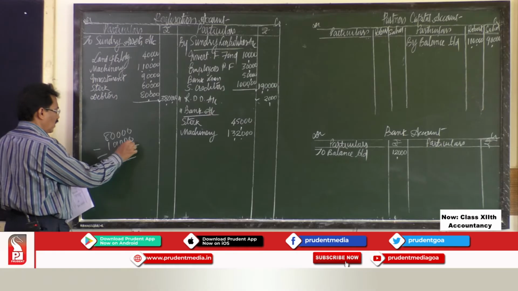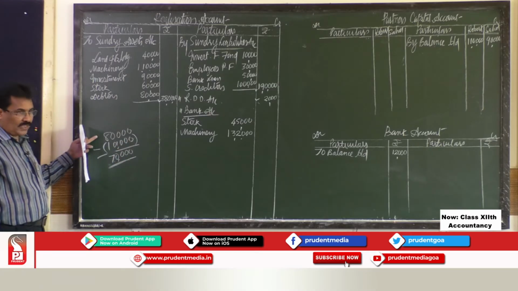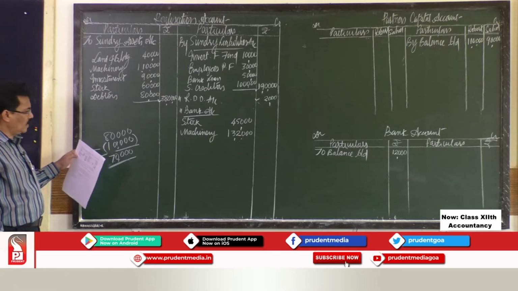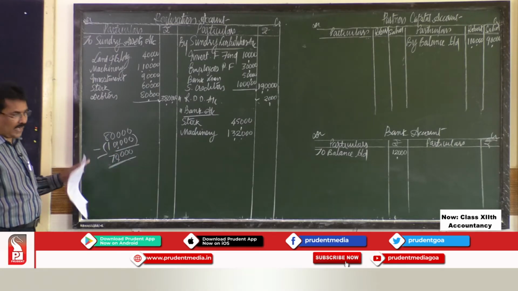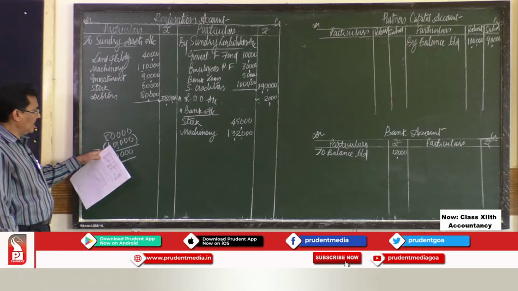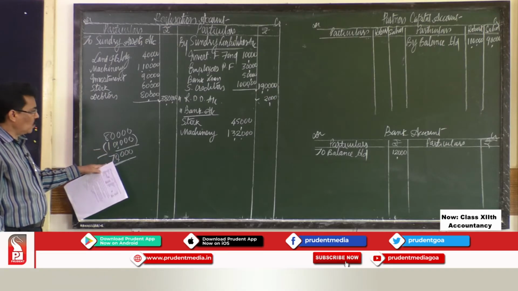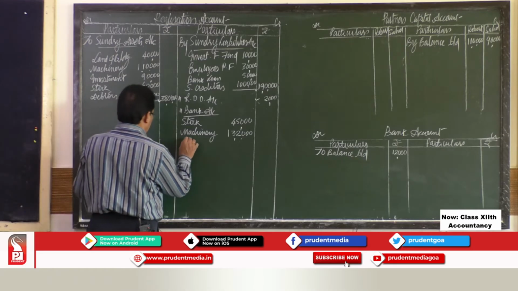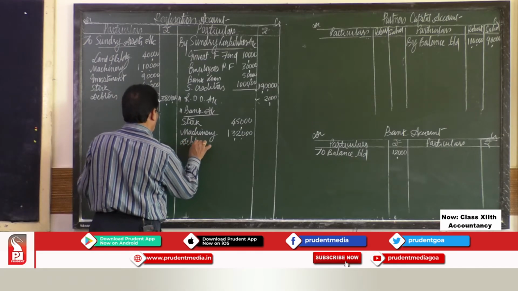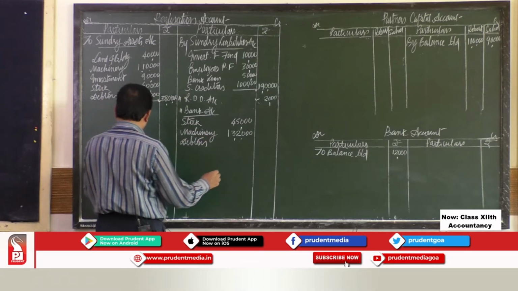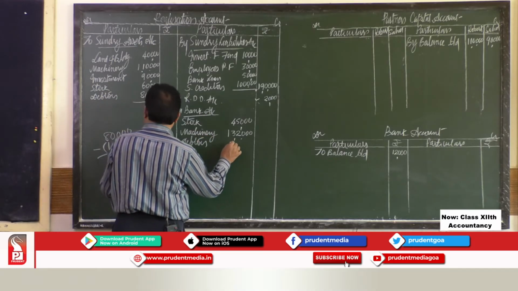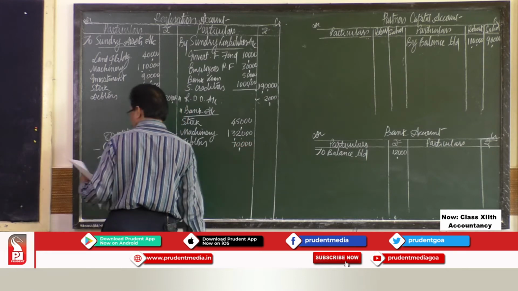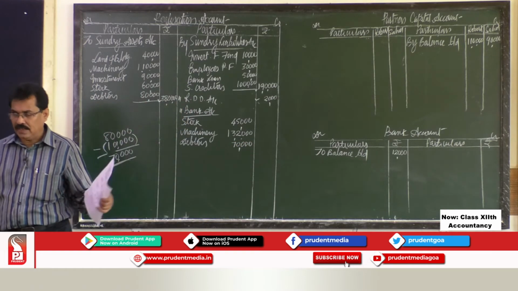We are supposed to get 80,000, but out of 80,000, 10,000 proved bad. So we recovered only 70,000. So that you have to write here, debtors rupees 70,000.